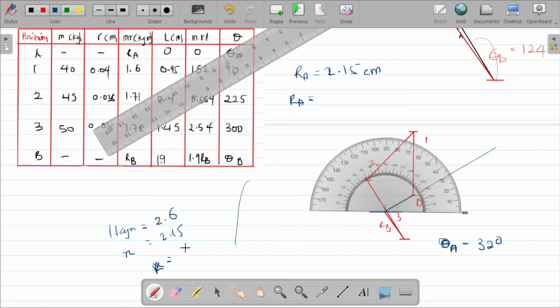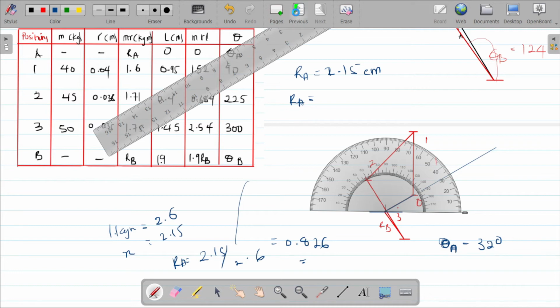So RA equals 2.15 over 2.6. So we have 0.826 here. All right, let me see 2.2. Okay, so I have this.